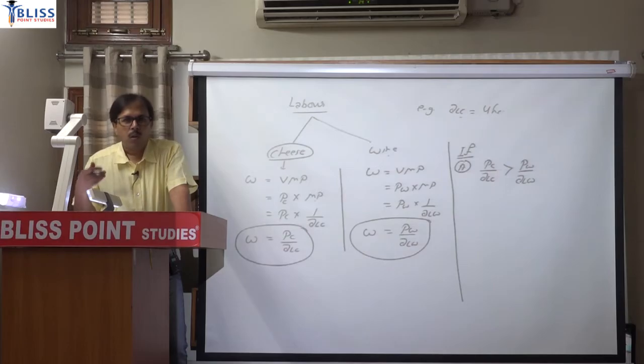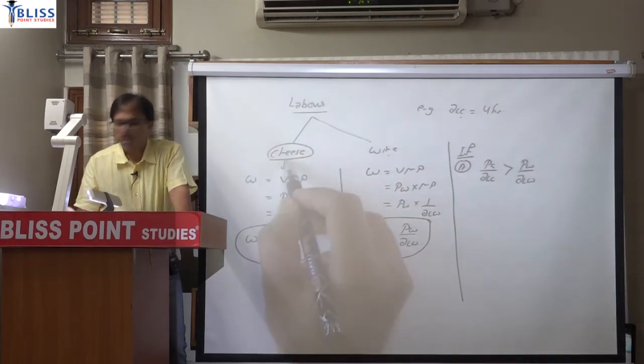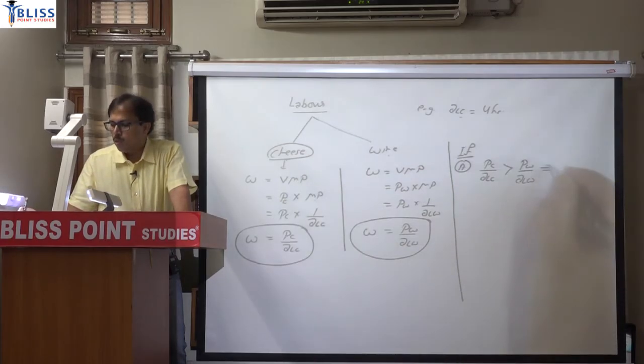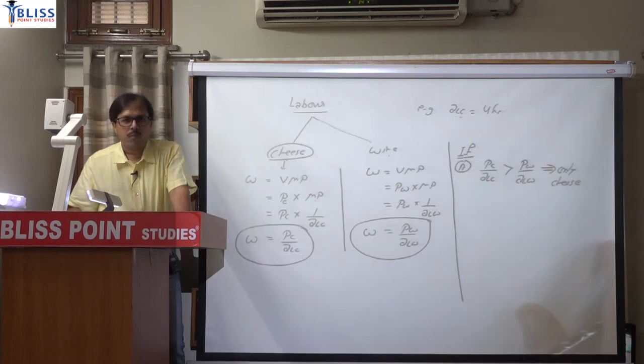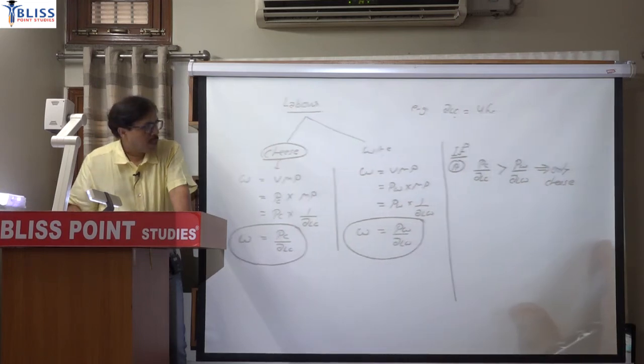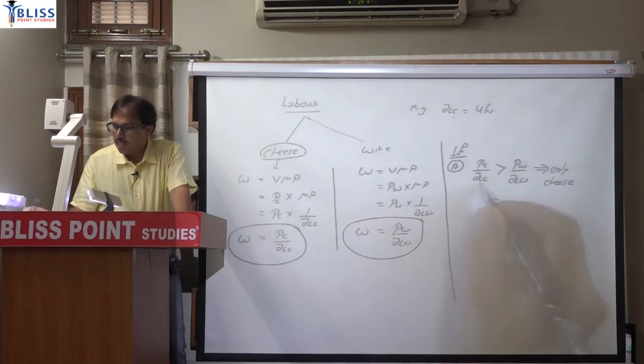So all workers will move to that sector. If all workers are moving to that sector, then the country is producing only that product, because you can't produce a product without using labor. If all labor is moving to cheese, then the country is producing only cheese. So this is the condition where only cheese will be produced by the home country: if PC upon ALC is greater than PW upon ALW.